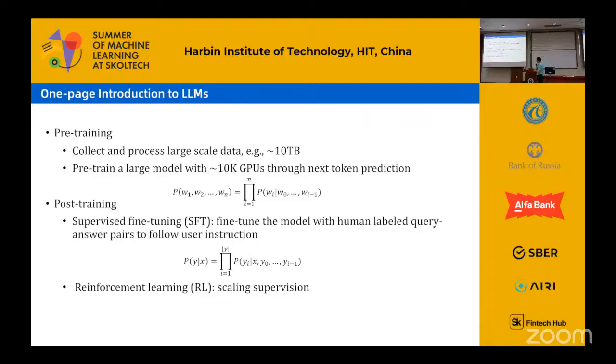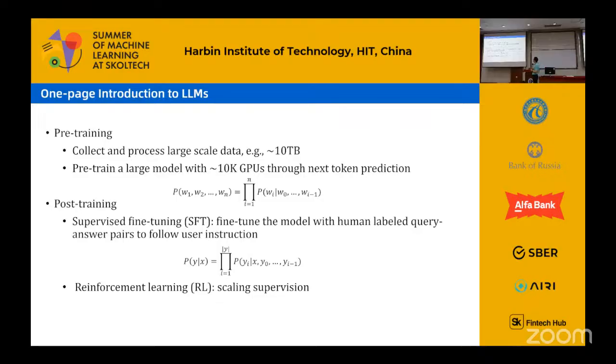Here, for example, we use X to indicate the user input, and we use Y to indicate the good output or the right answer from the model or the agent. Because Y should be annotated or labeled by humans, or maybe crawled from the web but checked and double confirmed by humans, that's why we call it supervised fine-tuning.